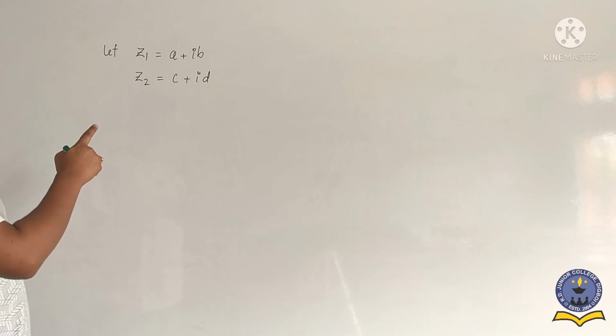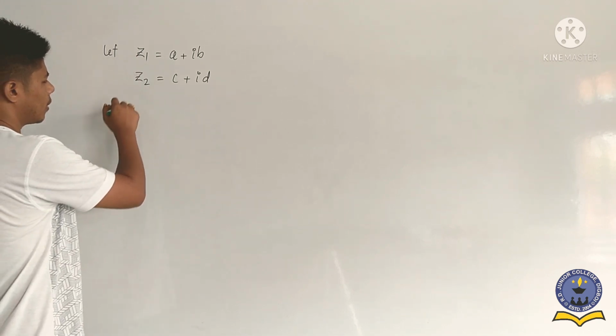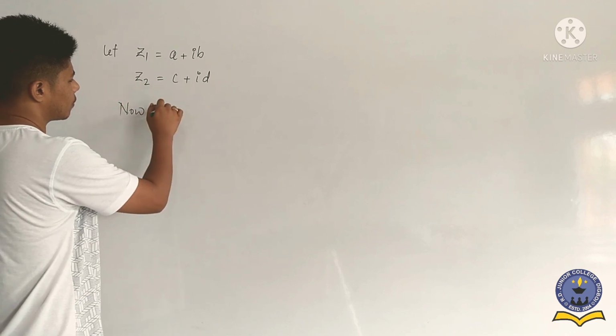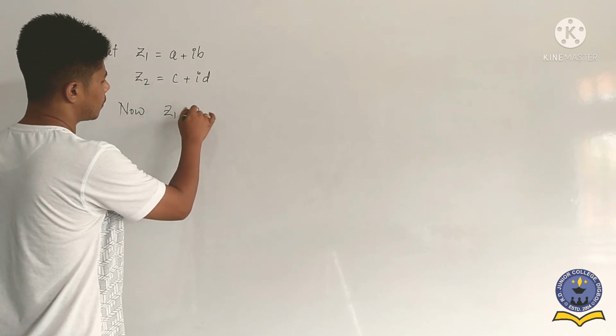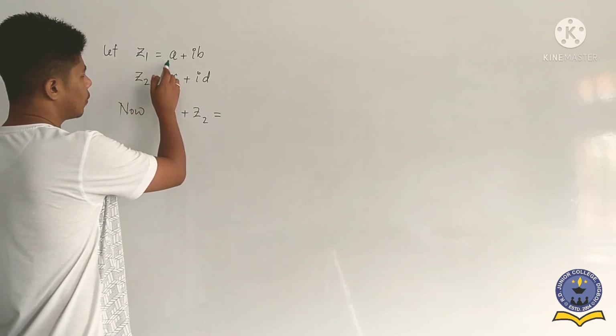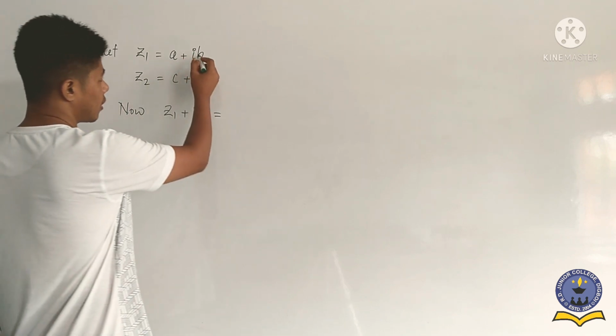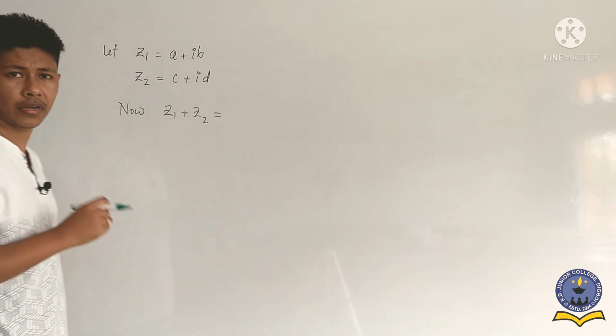If we add these two, z1 plus z2, let us see what we get. When we add, we always add the real part with the real part and the imaginary part with the imaginary part. Is it clear?